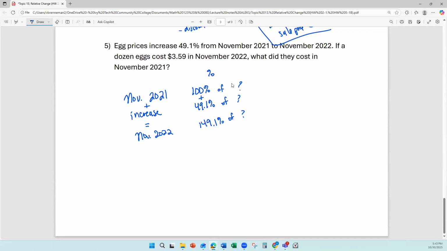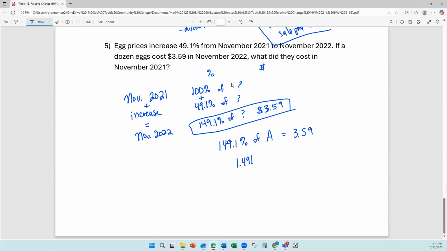So we have the percents, we have the price. Here is 3.59. So this gives us an equation: 149.1% of the unknown amount equals 3.59. So 1.491 times the unknown amount is 3.59.